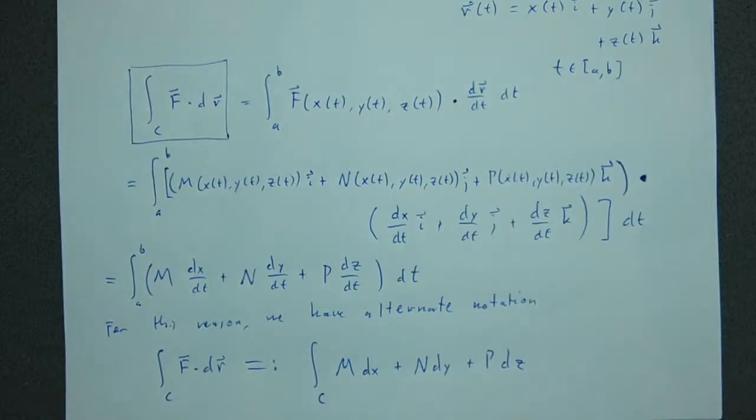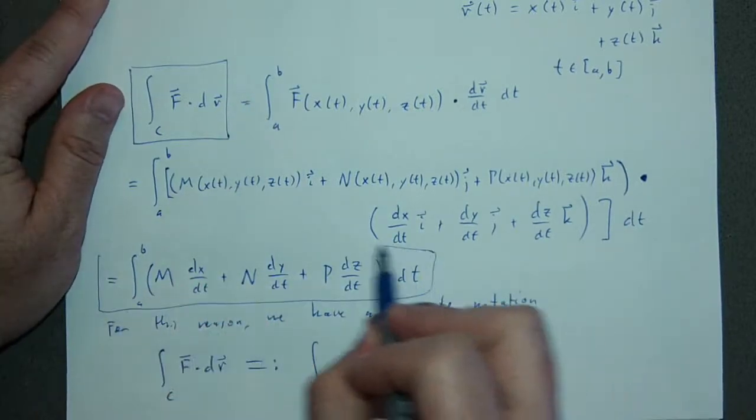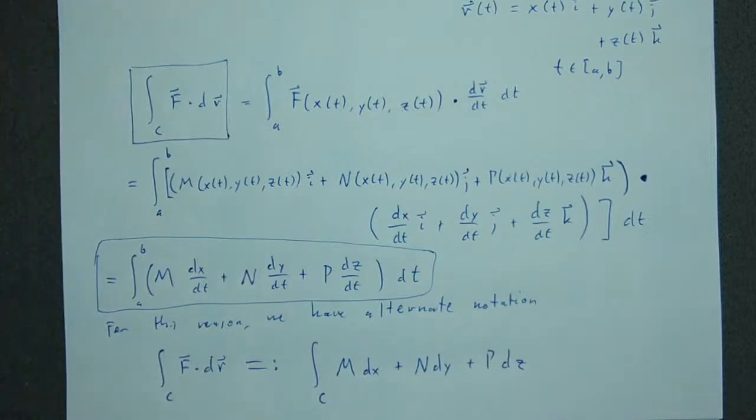That's what is meant when you see this expression. It is exactly this line integral, where I've used M, N, and P for the components of the vector field. Let's do an example of why this might be useful sometimes.